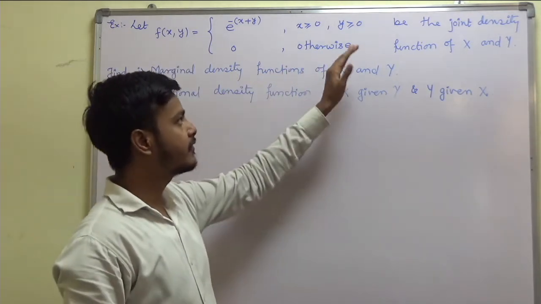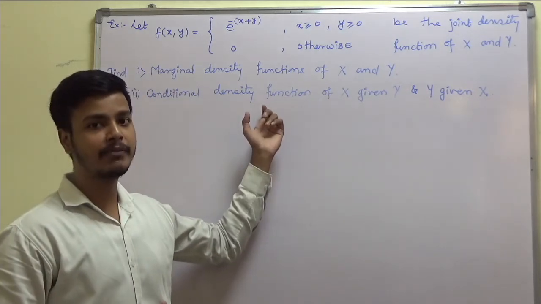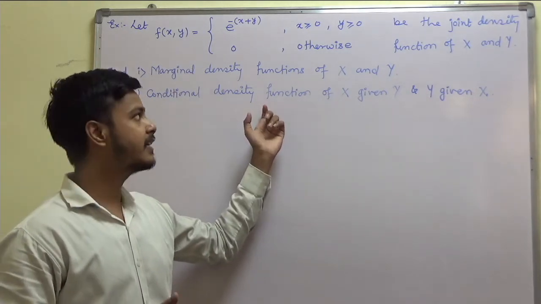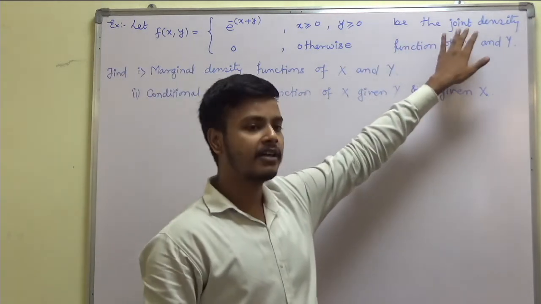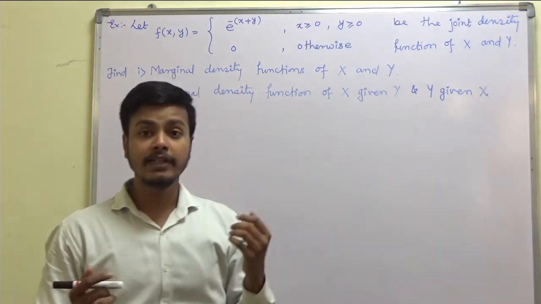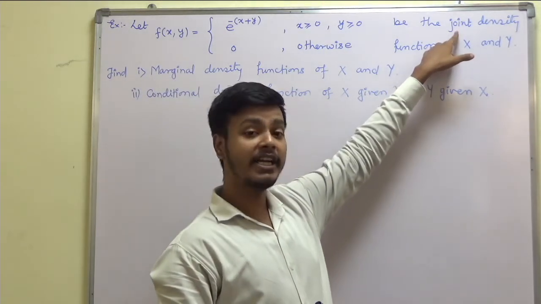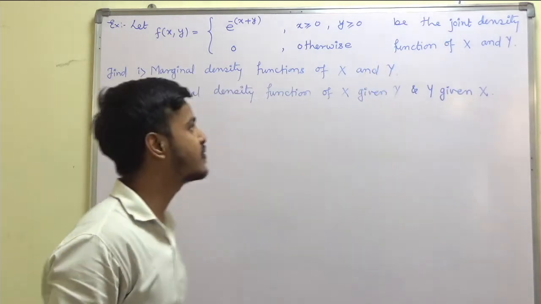If you are not able to identify whether the problem is of discrete or continuous random variable, you just look at the terminologies. In the discrete random variable, we will be having the probability function. Here we'll be having the joint density function. So that is the difference we have.